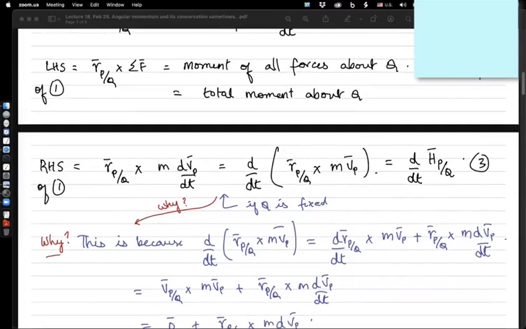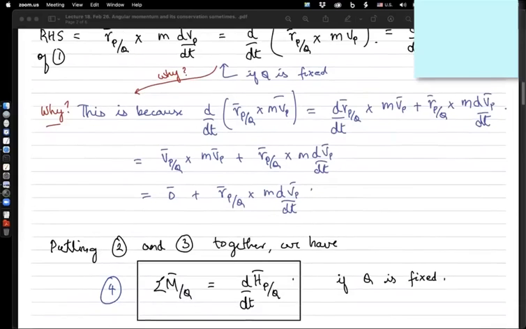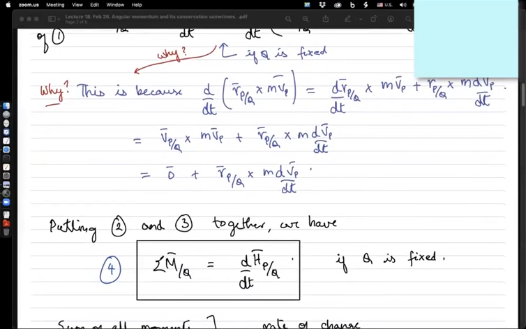I went over that derivation quickly, but the upshot is that the sum of all moments about point Q of all the forces on point P is equal to the rate of change of angular momentum of the particle P with respect to Q, if Q is fixed, okay?